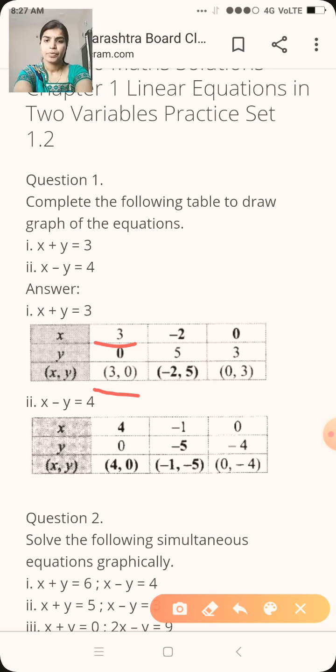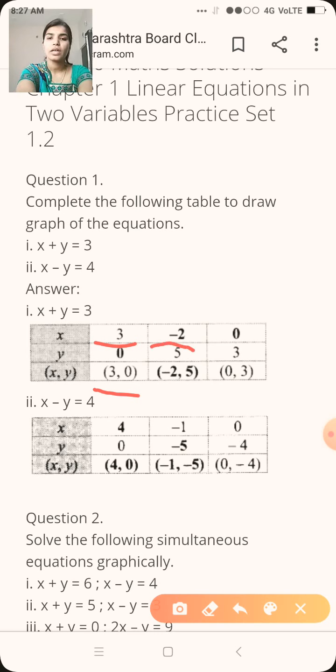Understand? Okay. Then in second column, value of y is given to you. So the value of y is 5. You want to find out the value of x. Okay, so here y's value you put in the equation, x plus y is equals to 3. So you will get the value of x minus 2.